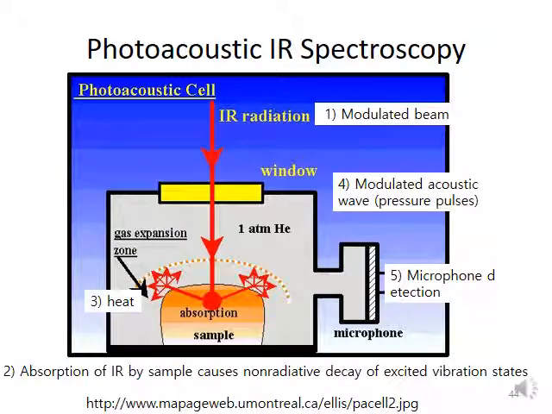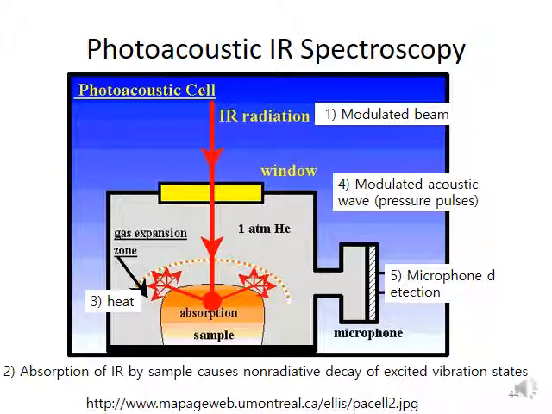Okay, so we go for the next part, which is the photoacoustic infrared spectroscopy. Basically, we have this IR radiation passing through the window, and then it will be absorbed by the sample. However, in this case, this is the sample chamber.